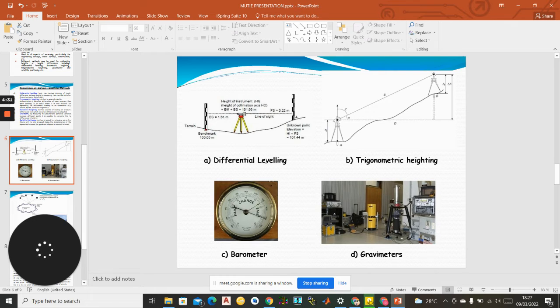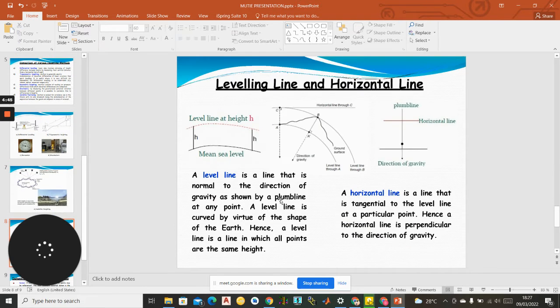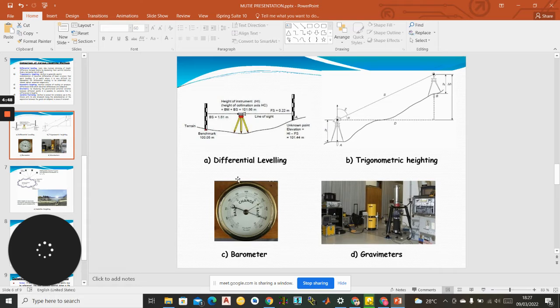So we have also trigonometric heighting, whereby we have two instruments, and you can see one is at a high point, the other one is at a low point. So this is what you refer to as trigonometric heighting. Then we have the barometer. You can see the barometer in its image form. We also have gravimeters here.